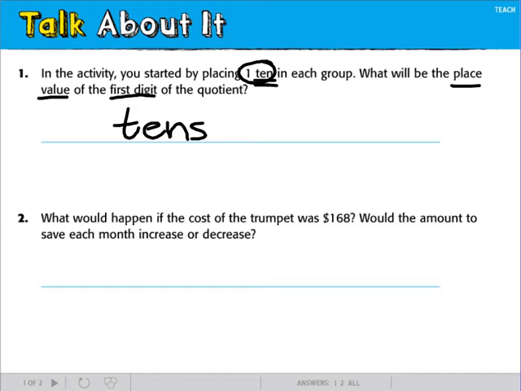So now, what would happen if the cost of the trumpet was $168? Would the amount to save each month increase or decrease? Well, first of all, how much were we trying to save in the first place? How much money do we want to save total, Parker, to begin with?